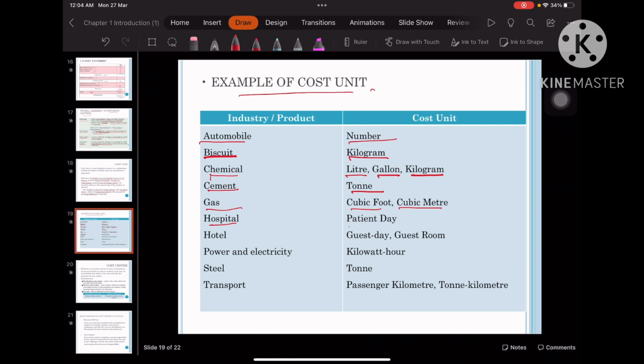Hospital is patient per day. Hotel is guest room per night. Power and electricity are measured by the kilowatt hour. Steel is measured by ton. Transport depends on the passenger or ton kilometer. So it depends on the nature of the business.